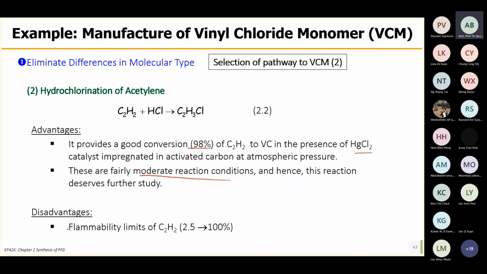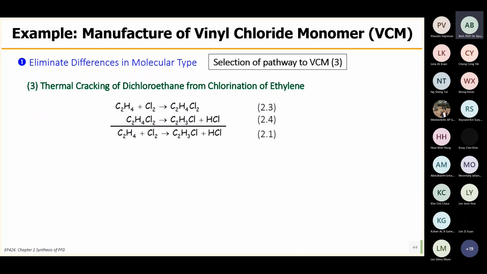Disadvantages: flammability limits. So this process has 2 advantages, and it produces higher yield. Then we consider the next one.